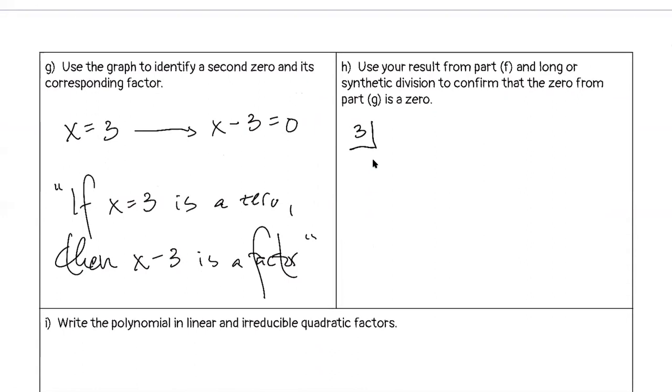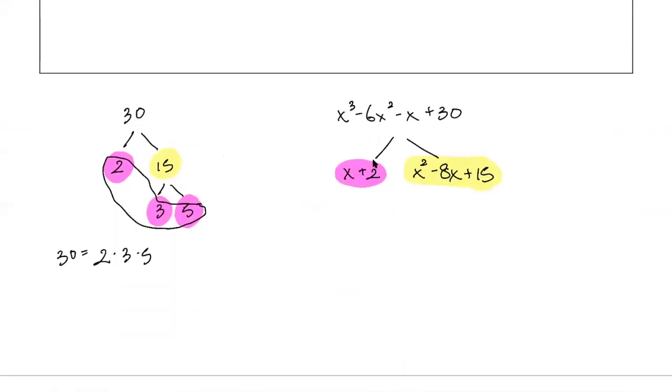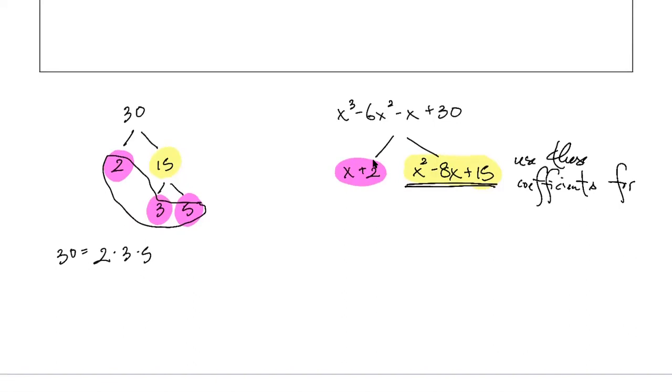However, you remember how we already factored it into x plus 2 and this x squared minus 8x plus 15? Let's use these coefficients for the second synthetic division.